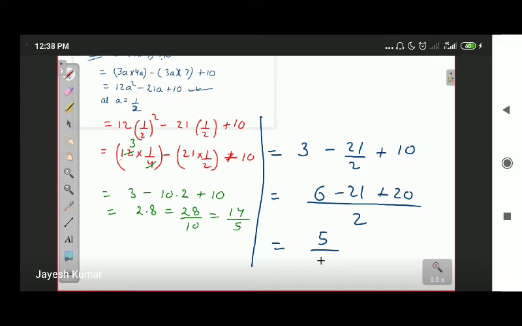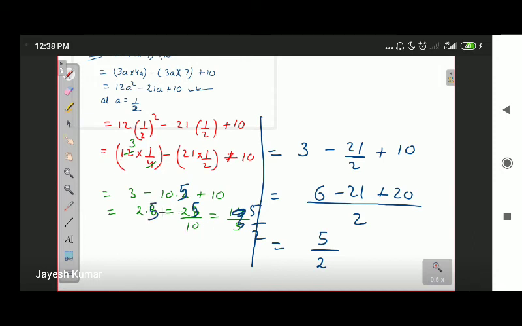Let me rethink this. 2 tens are 20, 6 minus 21 plus 20 is 5, so it will be 5 upon 2.